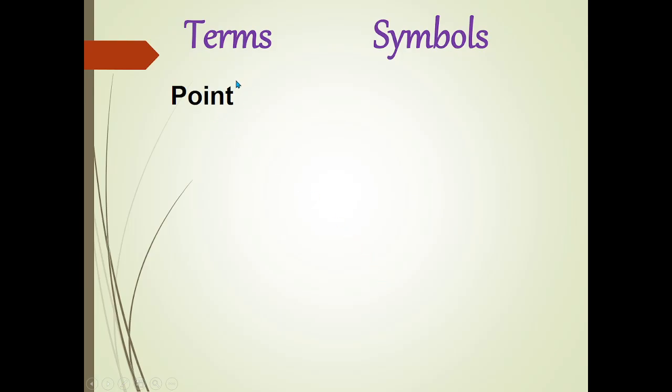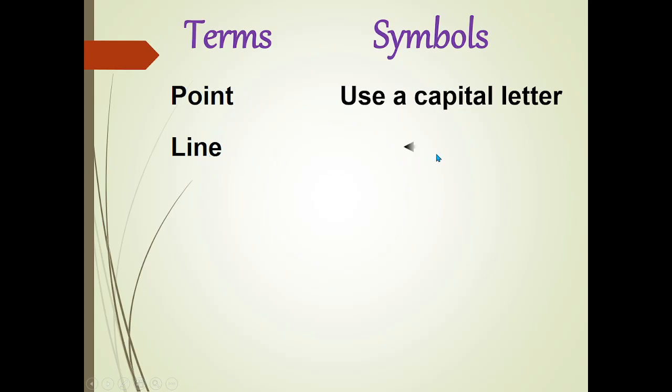So here, since we are in the world of geometry, you will be encountering different terms and their symbols. So we must use symbols to represent them clearly and to differentiate one from the other. For a point, we use a capital letter. For a line, we draw this line on top of two capital letters.